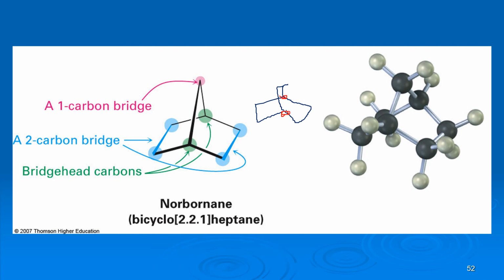And then we'd have 1, 2, 1, 2, and then this one, you can't see it very well, but there's one here and then one here. So this would be bicyclo 2.2.2 octane. So I'm not really going to get into this on tests or anything like that, but you may see it again, and so I wanted to make sure that you knew what that was.